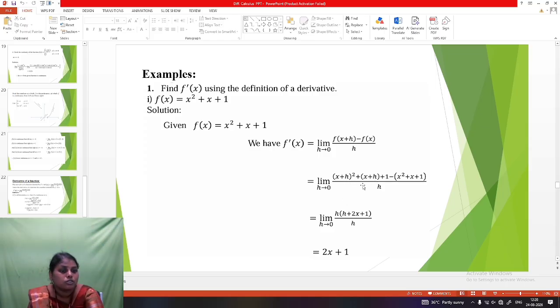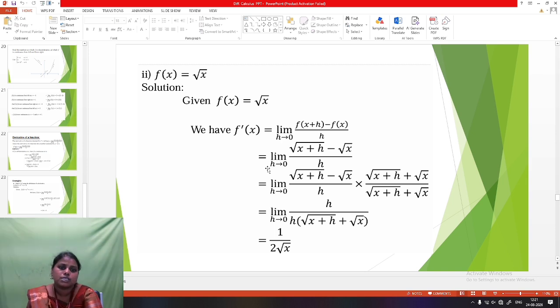H is common to 3 terms, so take h common outside. H into h plus 2x plus 1 divided by h, h cancel. Remaining h plus 2x plus 1. Replace h with 0. So the answer is 2x plus 1.